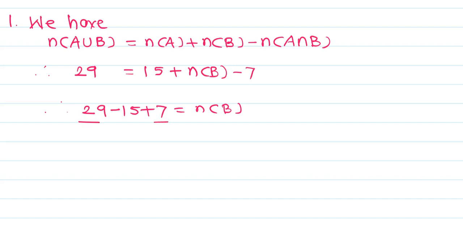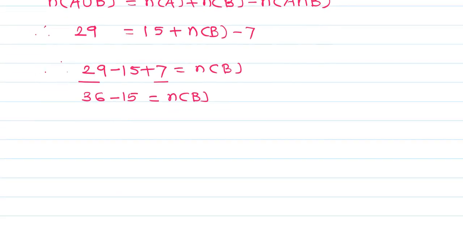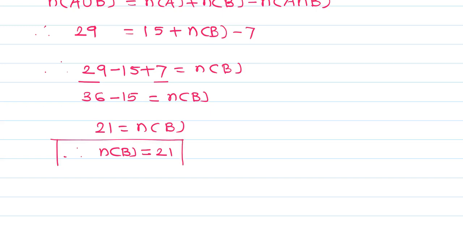Therefore, 29 plus 7, that is 36, minus 15 is equal to n of B, their subtraction. Therefore, n of B is equal to 21. This is the final answer.